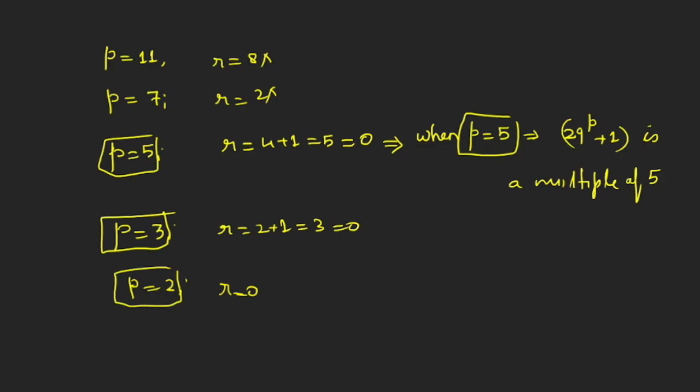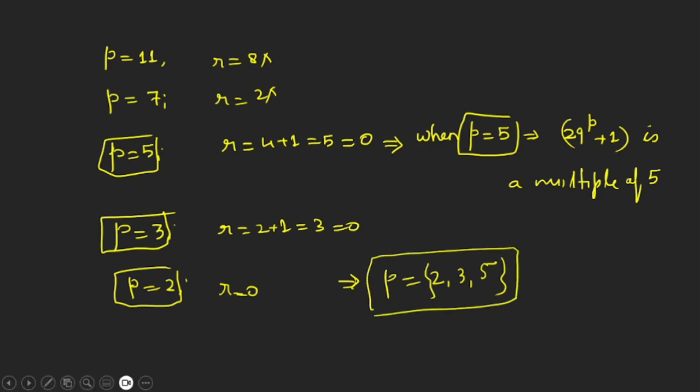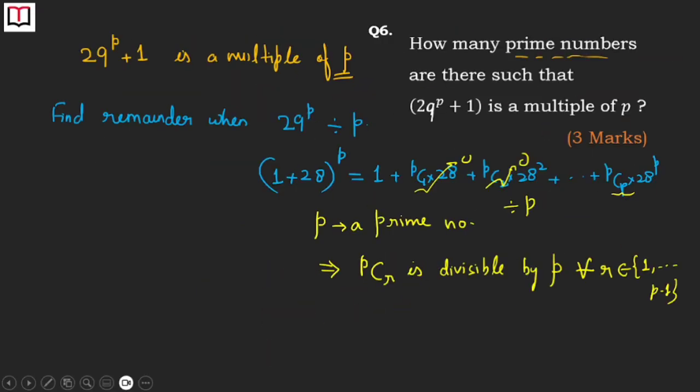So these are the three possible prime numbers: 2, 3 and 5, such that 29 raised to the power p plus 1 is a multiple of p. That was yet another question.